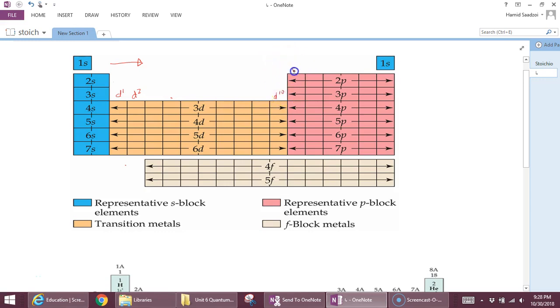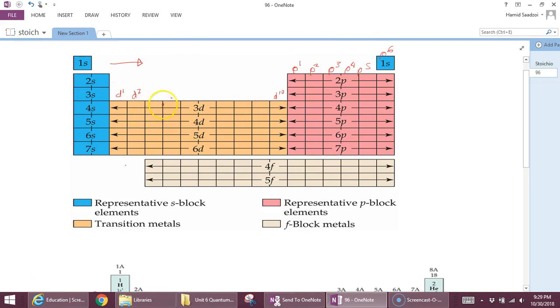Here we have P1, P2, P3, P4, P5, and P6.